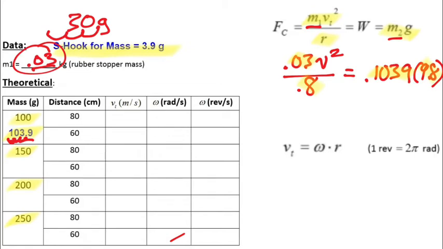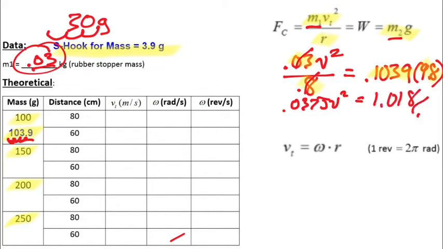All right, so do a little bit of number crunching here. 0.03, I can divide that by the 0.8 right now, at least take care of that. So when I divide these two, I get 0.0375 v squared. Over there, we have 0.1039 times 9.8. That'll be 1.018.